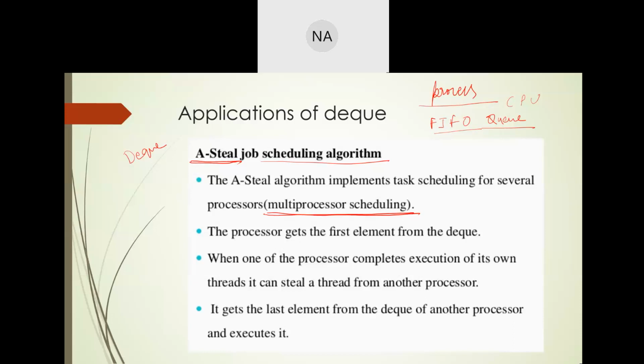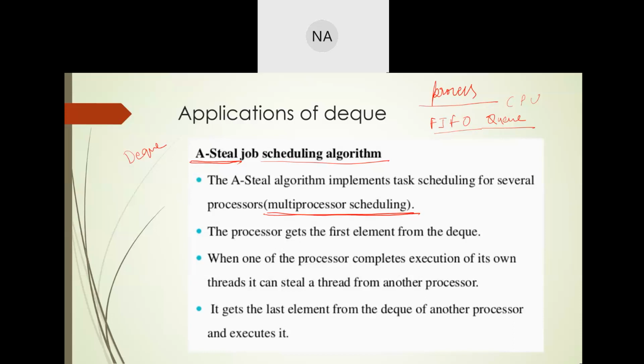And when the processor needs some process for execution, the process which is at the front end of that deck is deleted and allocated to the CPU, right? So I'm using front and left end as the same, likewise rear and right end as the same.